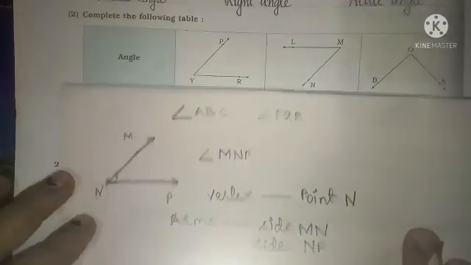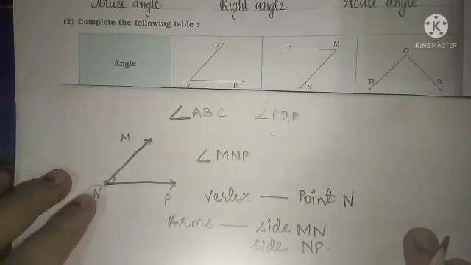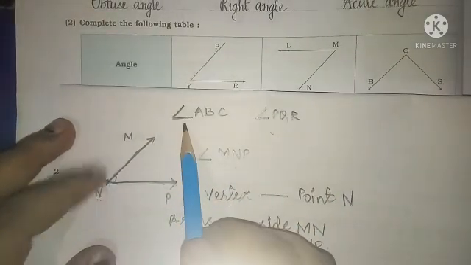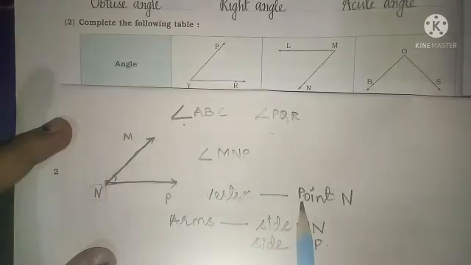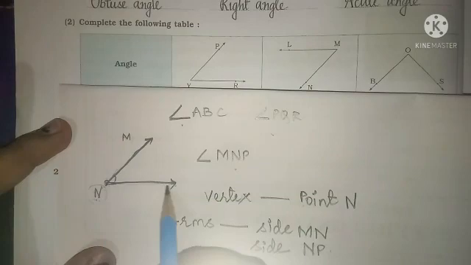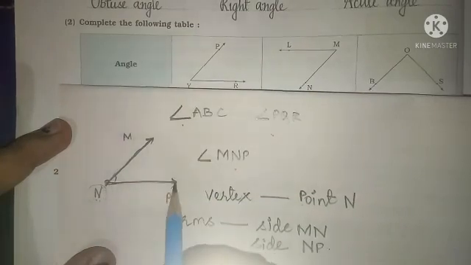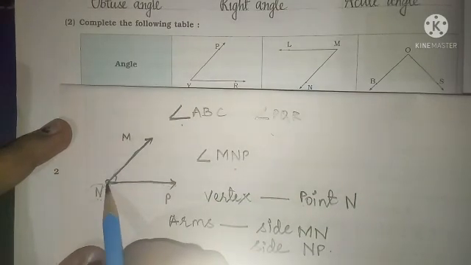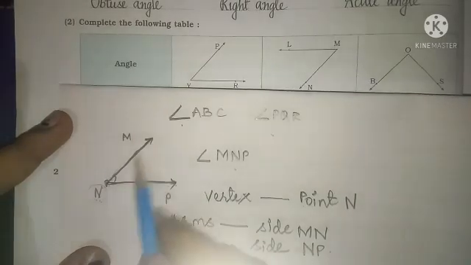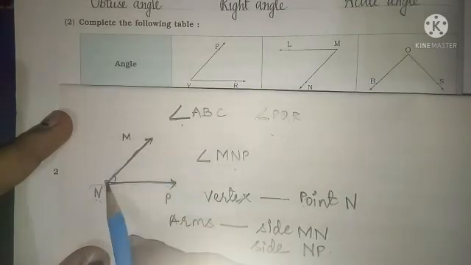So these three points are clear for you all. What they have asked: how to write the name of an angle, how to identify the vertex. What I have told you is that the point where the two arms of an angle join is known as your vertex. And what about the arms? The two sides of an angle.